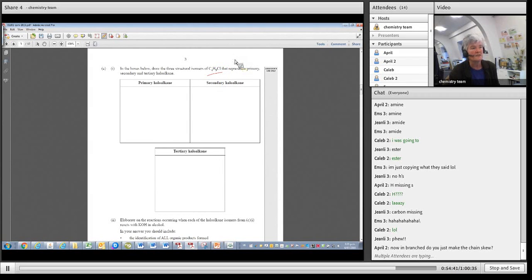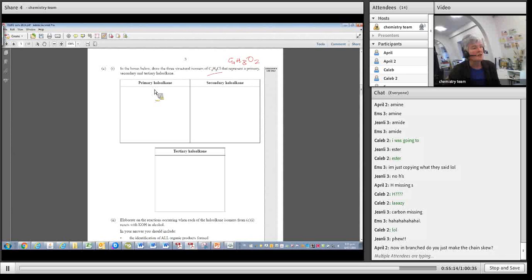But if you had, say, C4H8O2, for instance, then you can have an alkene and OH in the compound, or you could have an aldehyde, or a ketone, or a carboxylic acid, or an ester. So if they say, draw something where the functional group is different in each case, you must make sure you have different functional groups. So in branch, just make the chain skew.